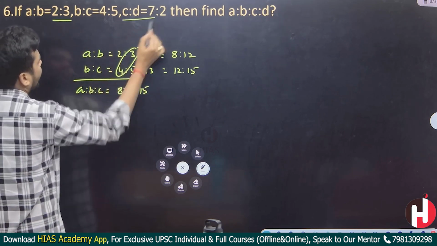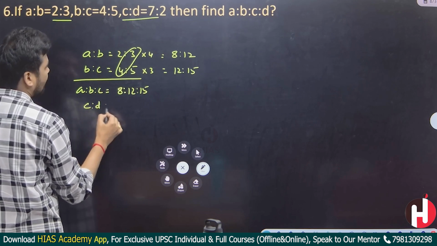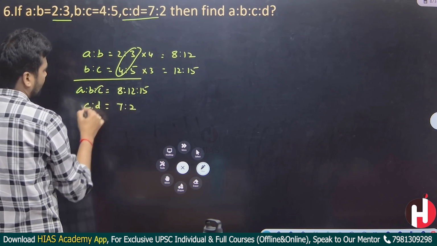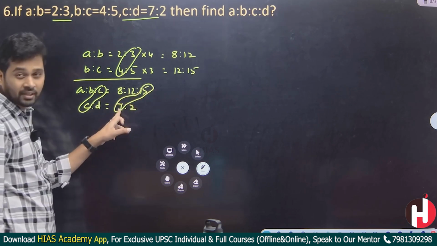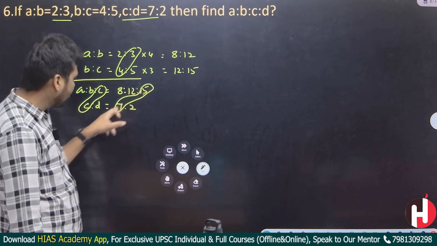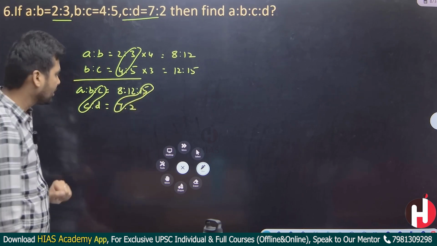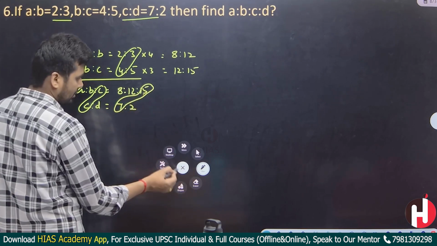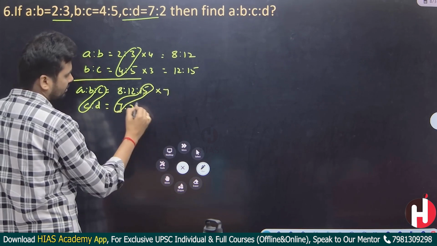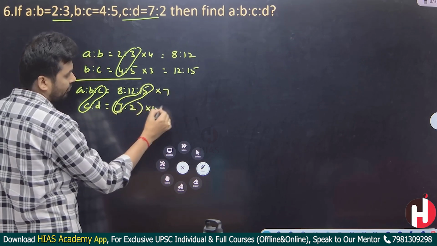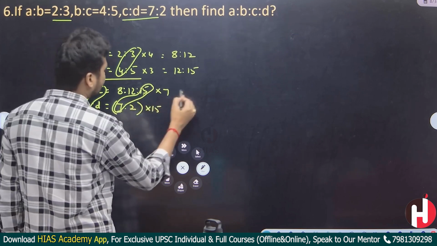Next, now you take the C is to D value. C is to D value is equal to 7 is to 2. So here the C value is 15. Here the C value is 7. Now you have to equate these two values. Again, same procedure.